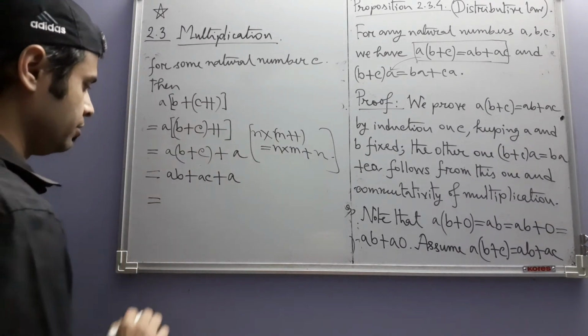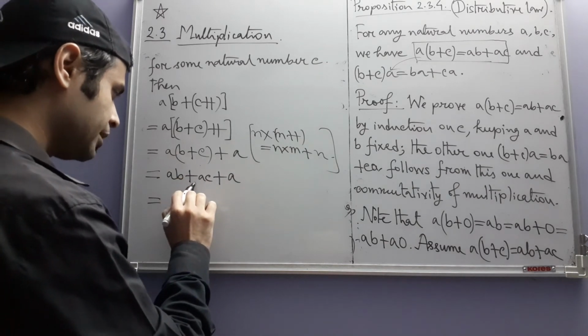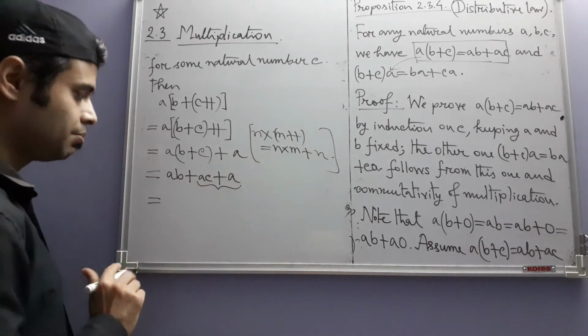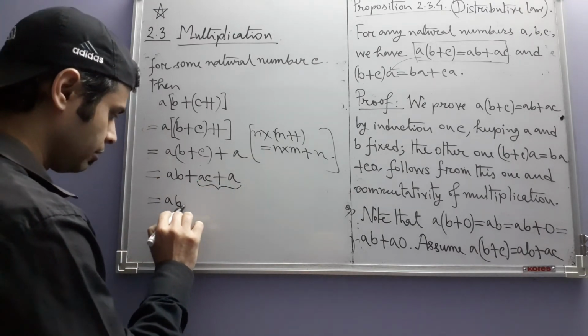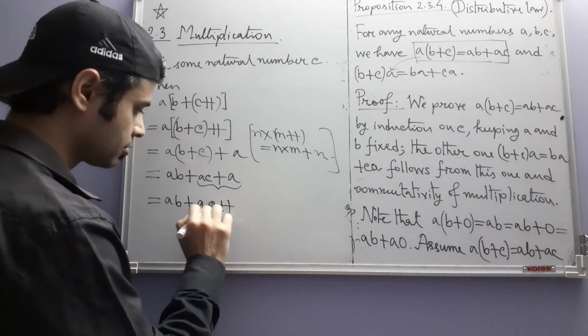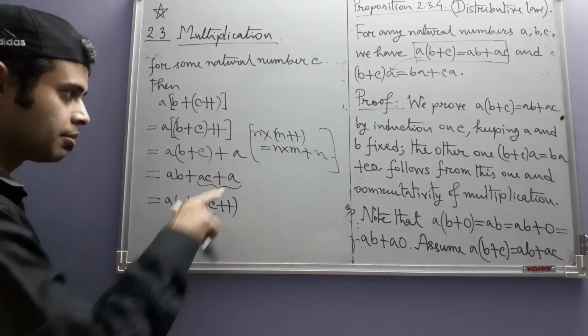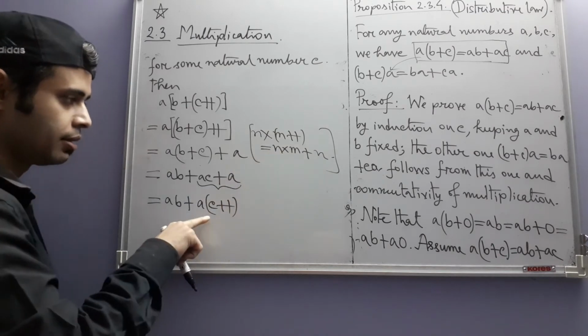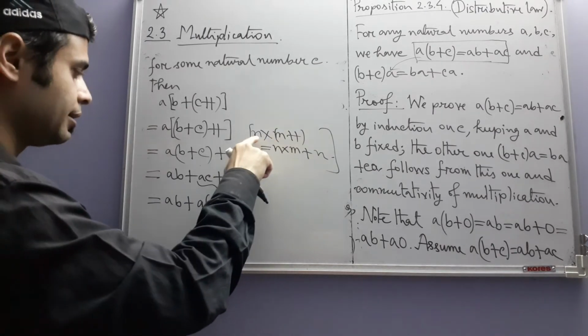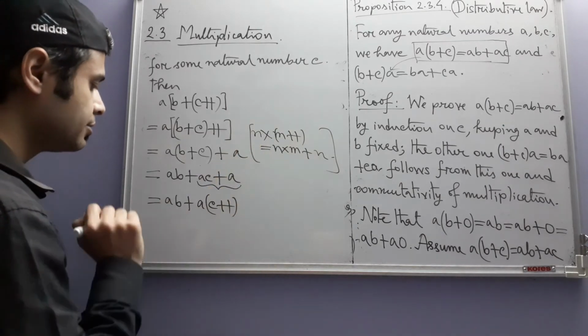Now we can separately think of this one, AC plus A. Applying the same thing here, if I write C in place of m and A in place of n, I get this.